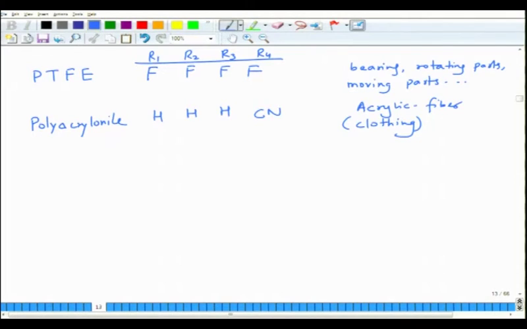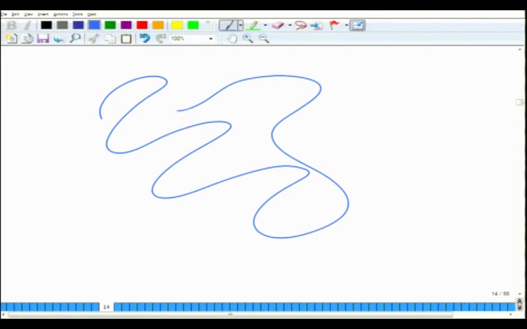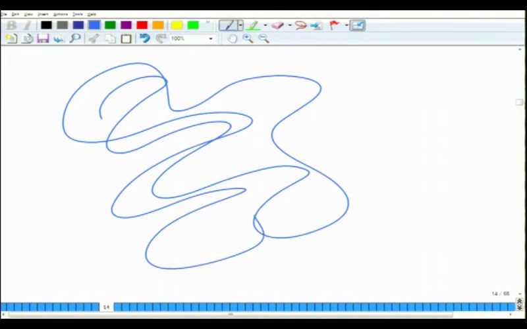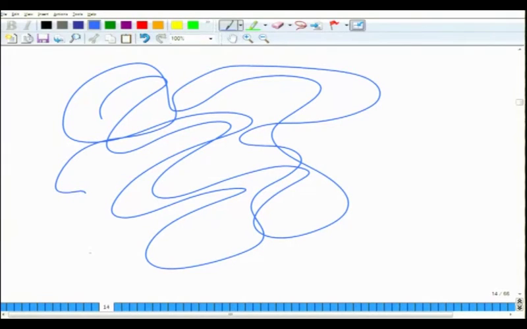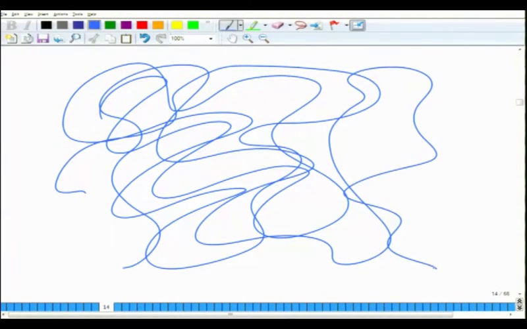So, essentially, a long chain polymer would look like you have this long chain going like this, and then you have another long chain going like this, and along the chain you will have molecules sitting next to each other. So, this is basically a long chain polymer.